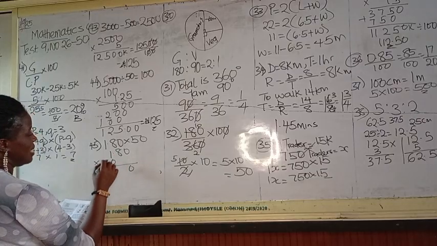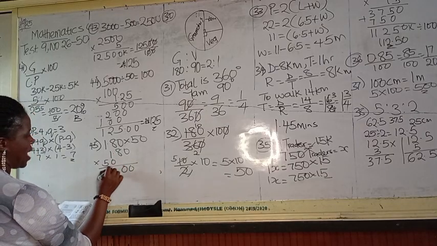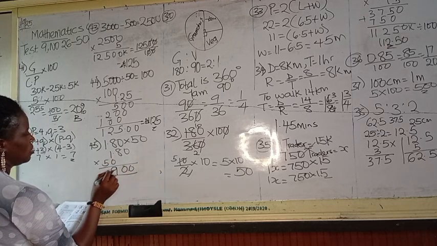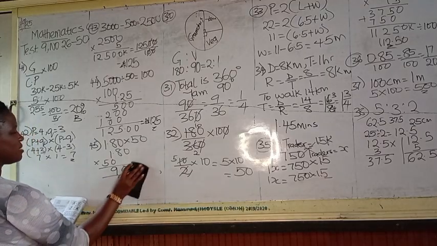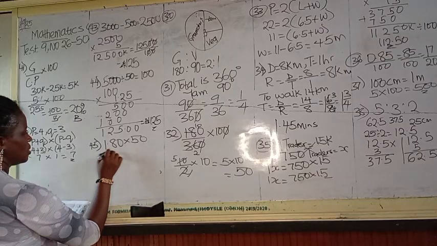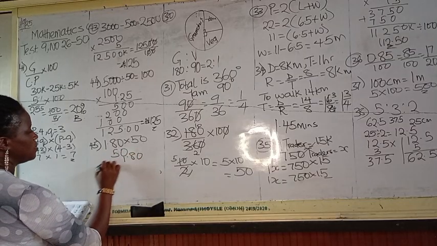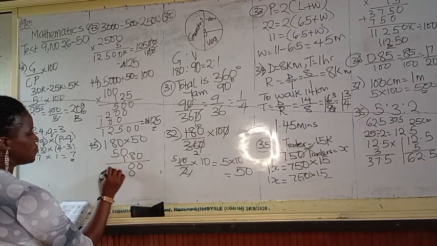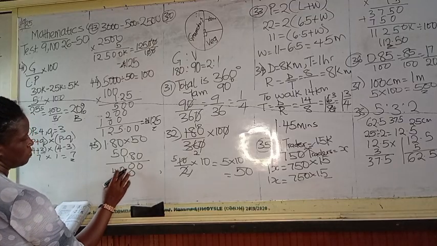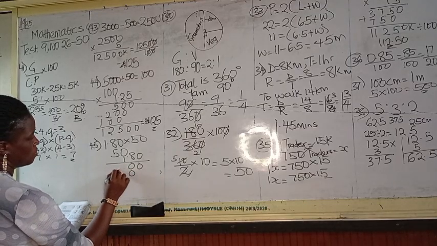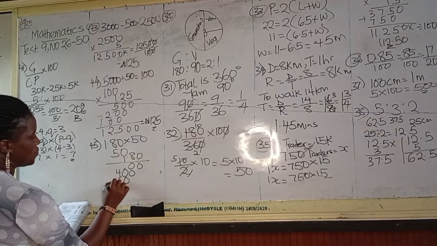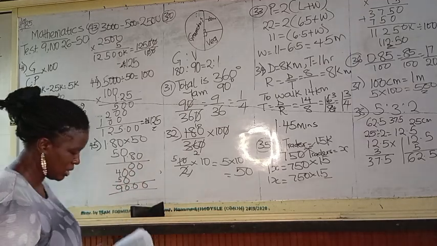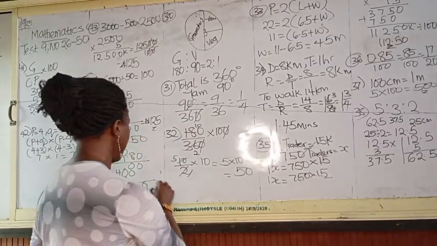Any number multiplied by 0 gives you 0. 5 times 8, 40. We are holding 4. 5 times 1 is 5, plus 4 is 9. So that is 90 naira, which is option A.